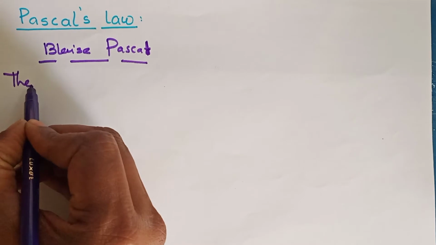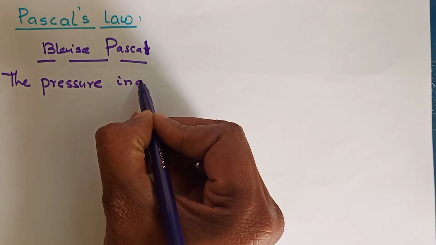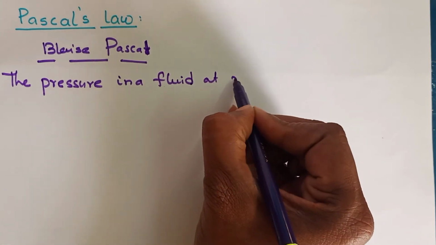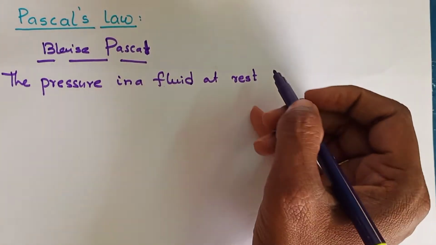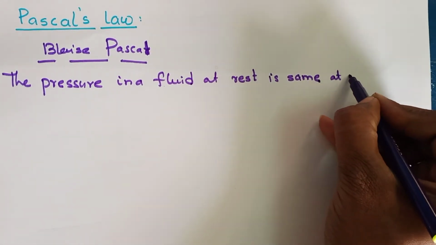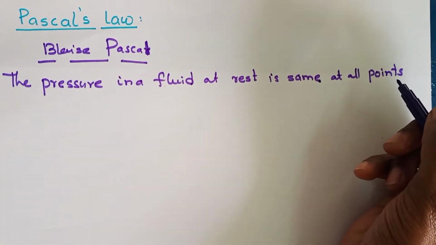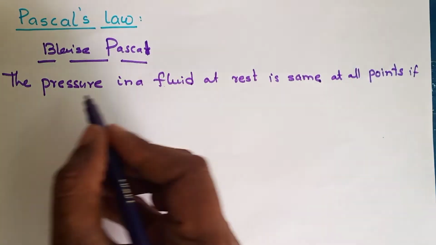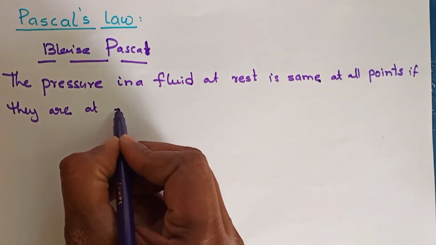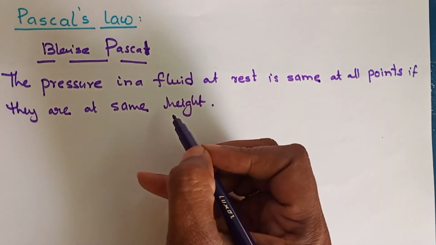The pressure in a fluid at rest, means in static position, is the same at all points if they are at the same height. The height is important here.